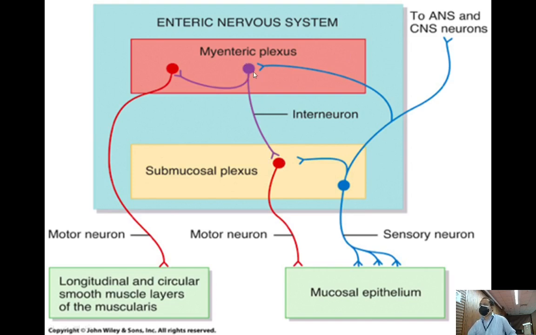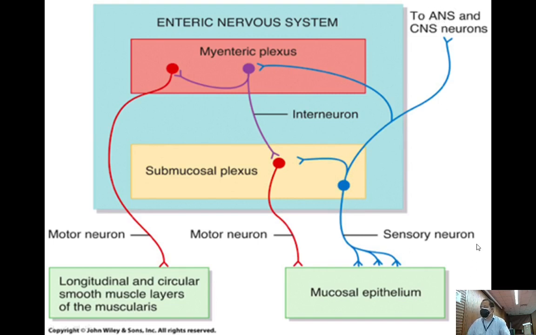As you can see here, neurons from the myenteric plexus send projections to the submucosal plexus, and neurons from the submucosal plexus send projections to the myenteric plexus, and of course some of the information is also sent to the central nervous system and the autonomic nervous system.